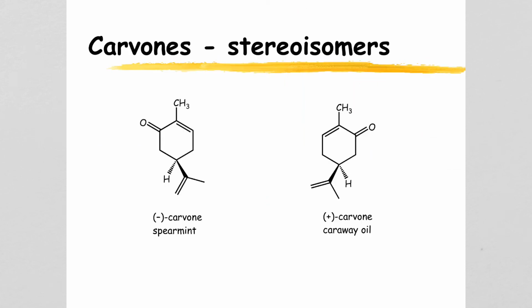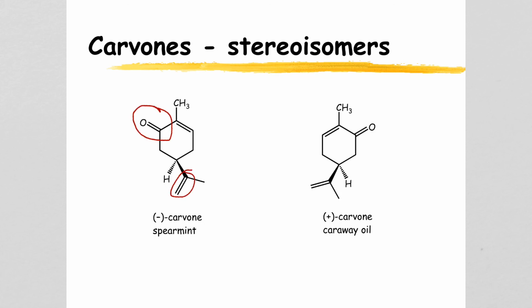So what you're going to be doing this week in lab is you're going to be using infrared spectroscopy to analyze and see if you did isolate carvone from either the spearmint or the caraway seeds. You can see the functional groups that are in the carvone are, we've got a ketone or a carbonyl group.